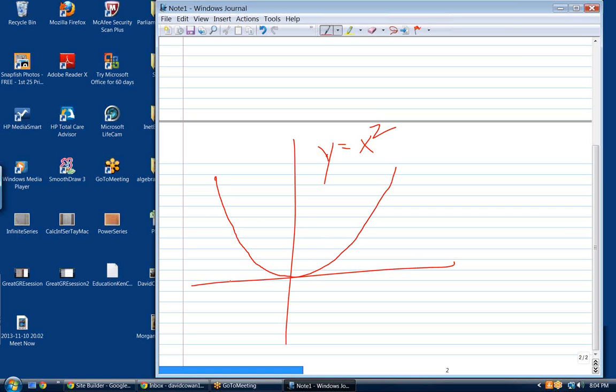If you're over here, for every one you go over, it's going down. If you're right here, there's no rate of change, 0. If you're over here, for every one you go over, you go up. But the rate of change changes throughout the domain. So that's not constant change.